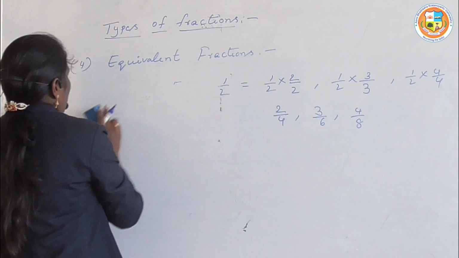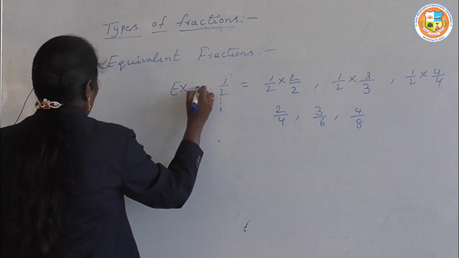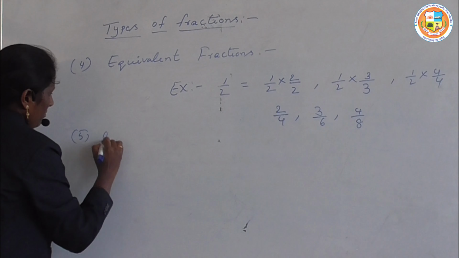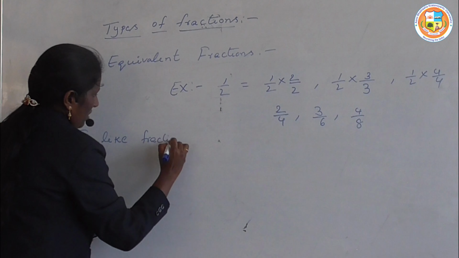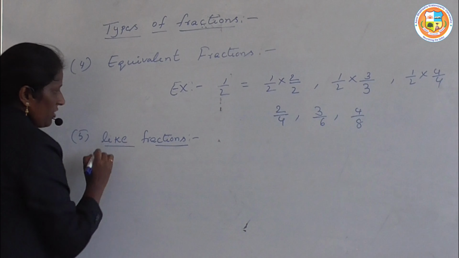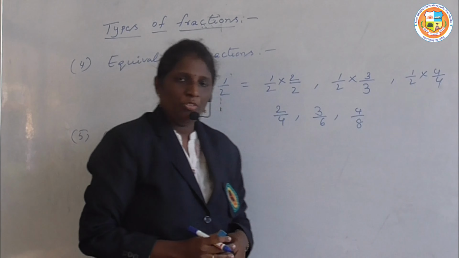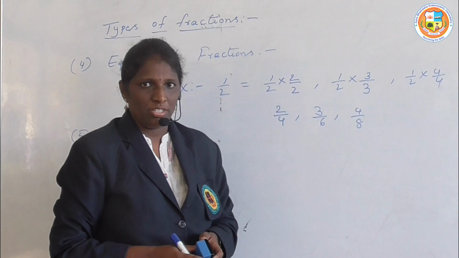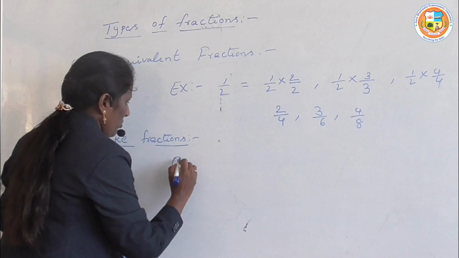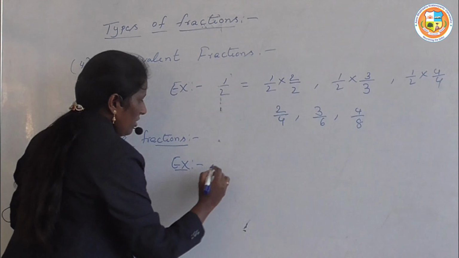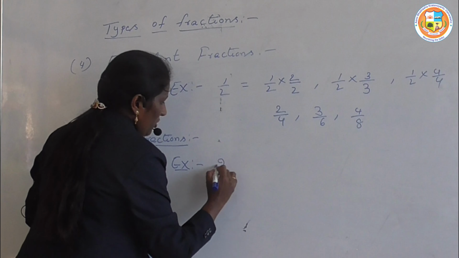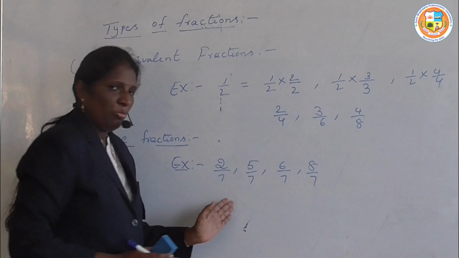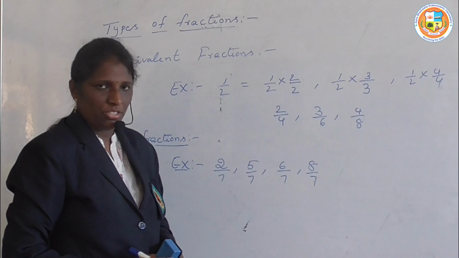The next one is like fractions. Like fractions are fractions that have the same denominators. For example, 2 by 7, 5 by 7, 6 by 7, 8 by 7. Observe that all denominators are the same, with different numerators, so these are like fractions.